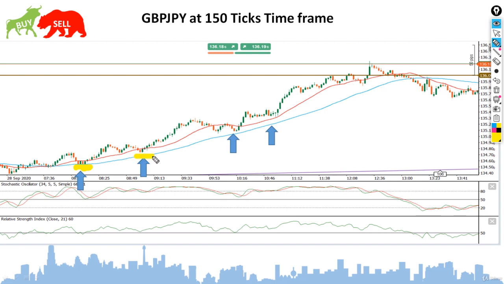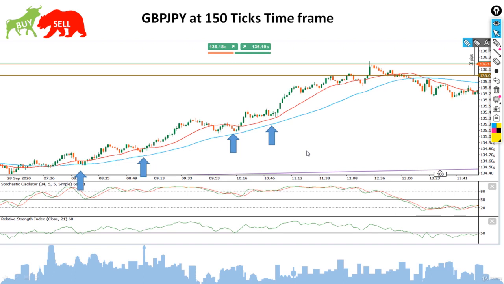We have a second entry here, the third and fourth entry, and the fifth entry here, and the risk is very low in this configuration. In my strategy, I will show you how to catch configurations like these in the Forex market, to be very profitable and catch low risk, high reward scalps.